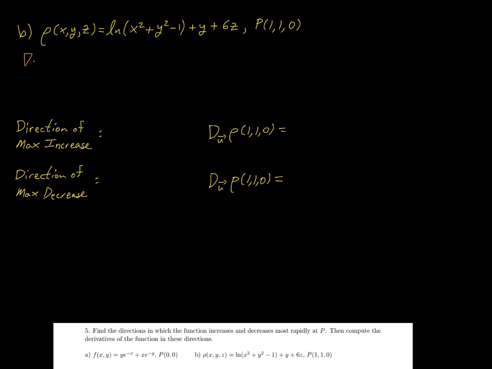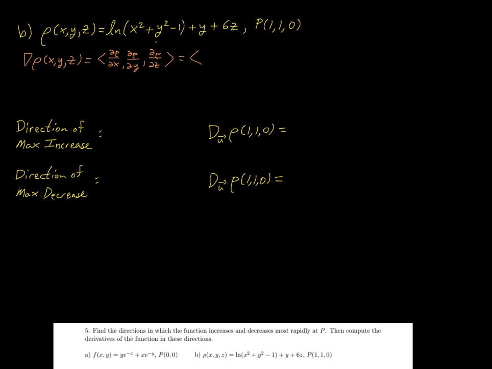So this would be the gradient of the function rho at x, y, z. So this would be partial rho, partial x, partial rho, partial y, and partial rho, partial z. So let's compute each of these derivatives.